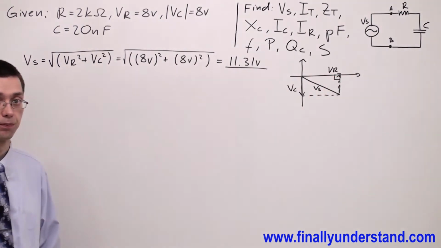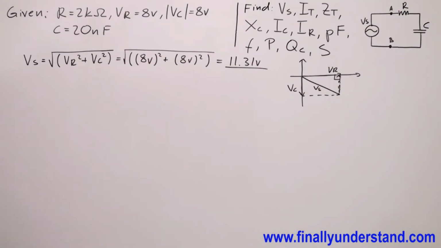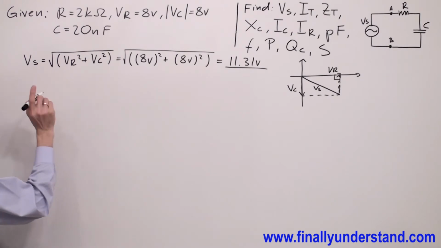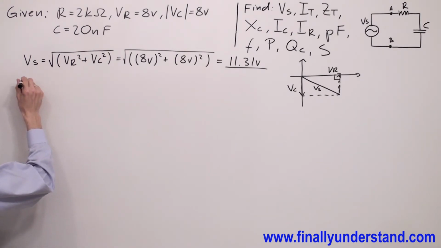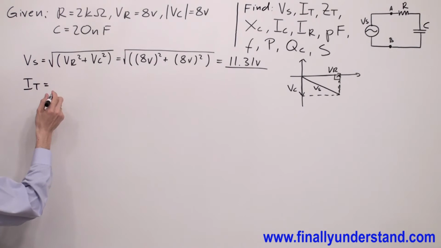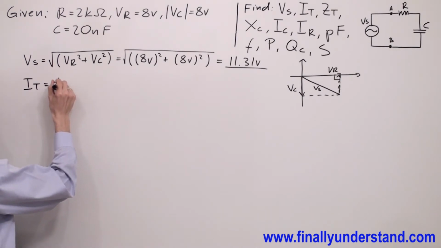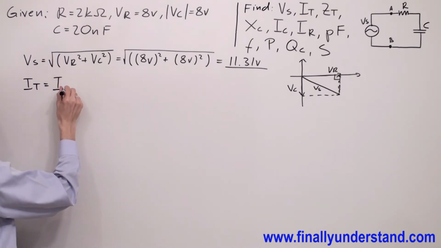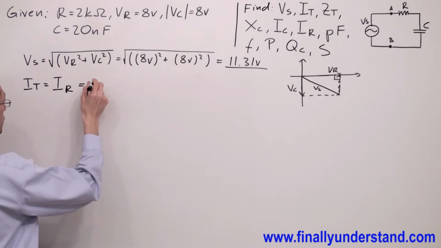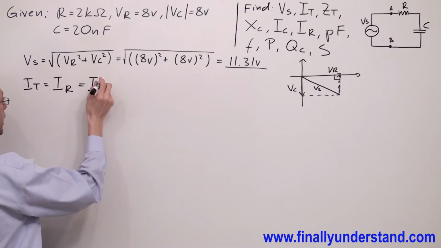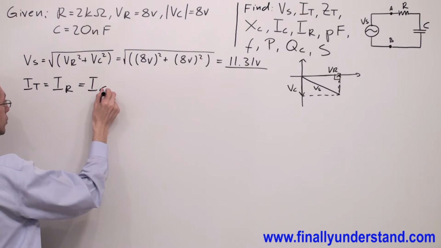the Pythagorean theorem. Next, we're supposed to find the total current. You're supposed to realize that this is a series circuit. So I total is equal to the current which goes through the resistor, and is equal to the current which goes through the capacitor.